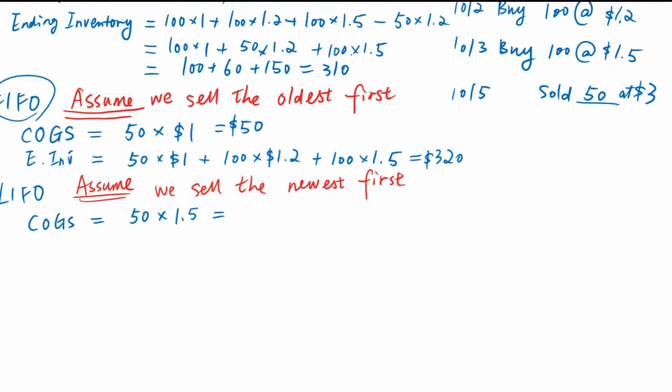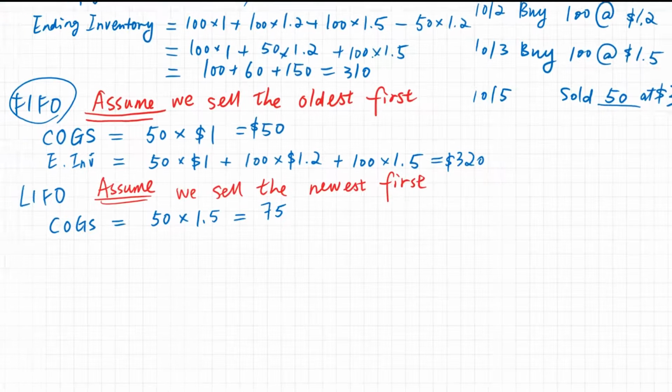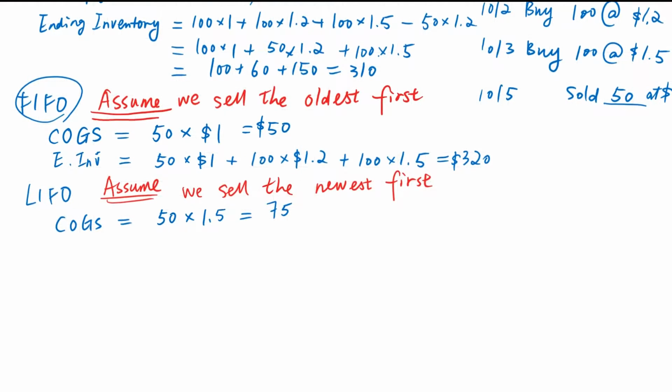It gives you $75. And what's left? Ending inventory is, the $1 apples are still out there. The $1.20 apples are still there.